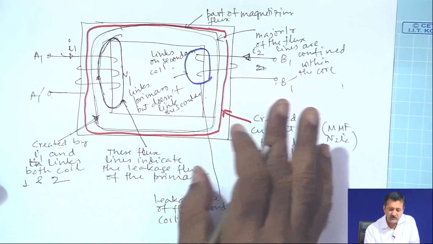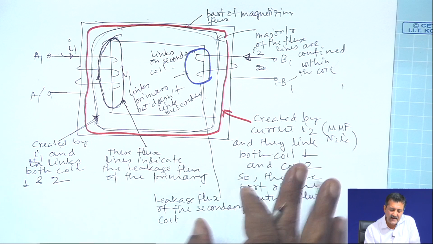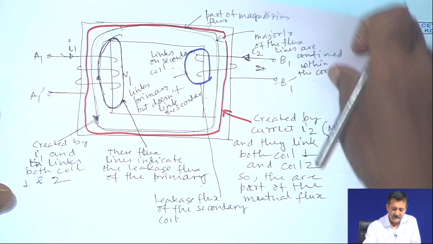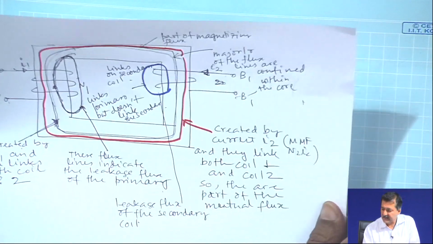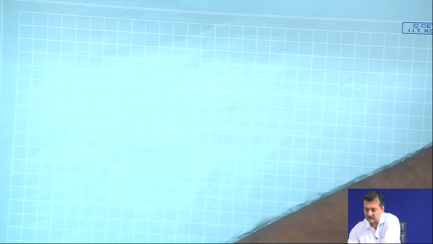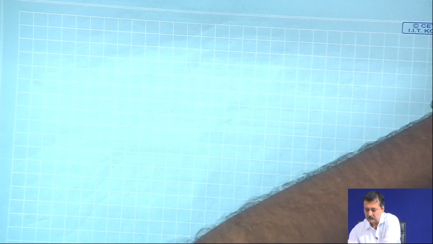For simplicity, an ideal transformer should not have any leakage flux. If I consider that, I come to the simplest model, which is what we should look into.